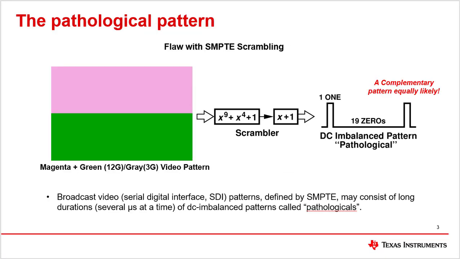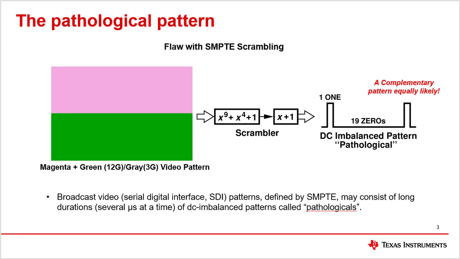The Society of Motion Picture and Television Engineers, or SMPTE, defined a standard for the SDI protocol that includes a scrambler to encode the data and maintain DC balance. However, there is a flaw in the equation used, namely that when a magenta and gray static image is applied to this scrambler, it results in a DC imbalance pattern with 1 one and 19 zeros, repeated over and over again for several microseconds.